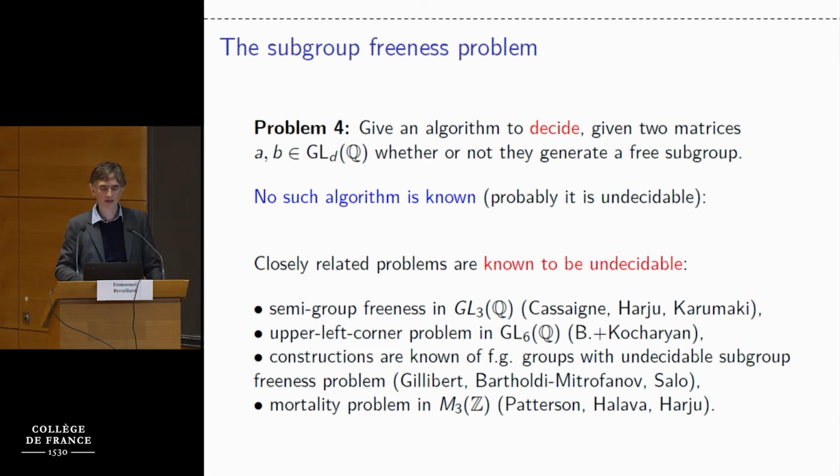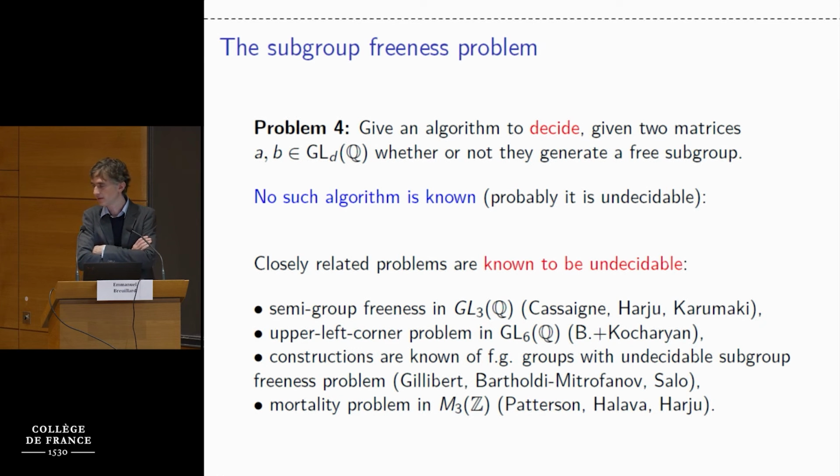So let's go back to the problem of determining whether or not a given pair of matrices generate a free group. This is called the subgroup freeness problem, an algorithmic, decidability problem.